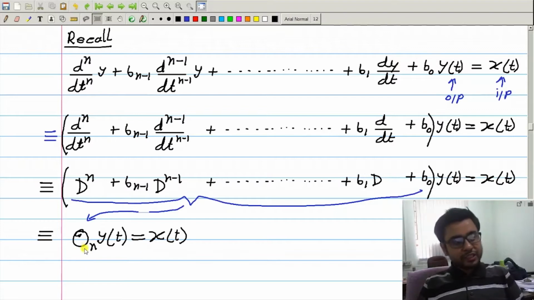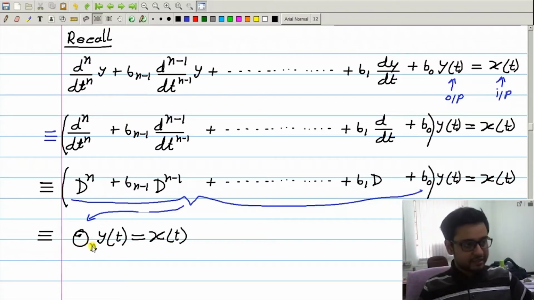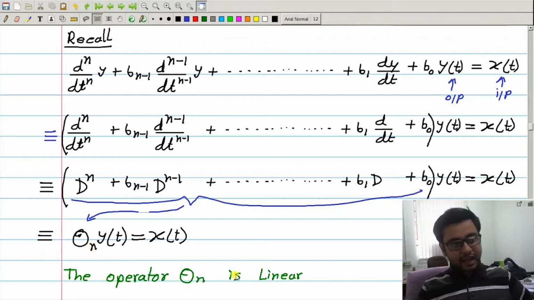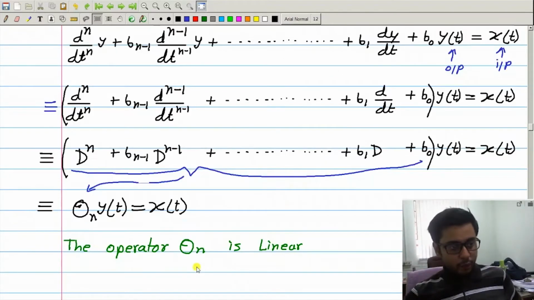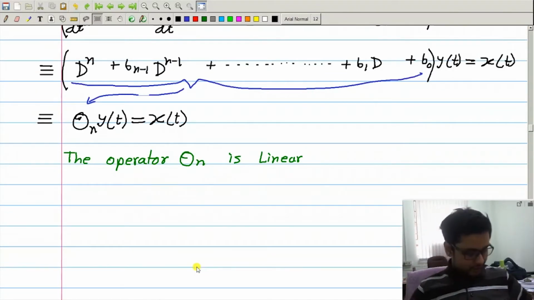Now, please note that this operator O_N is a linear operator. That means this operator obeys the principle of superposition.